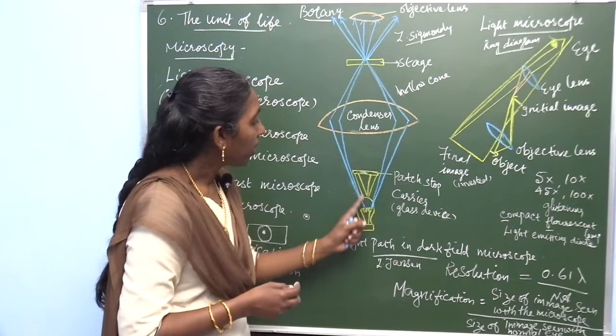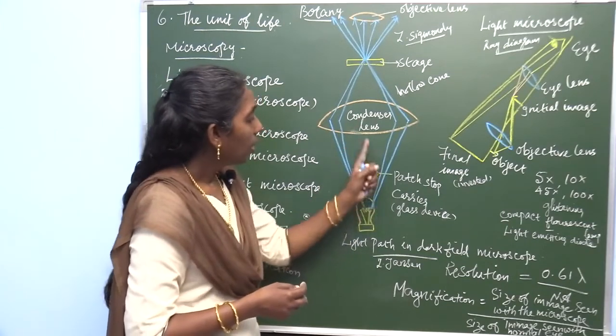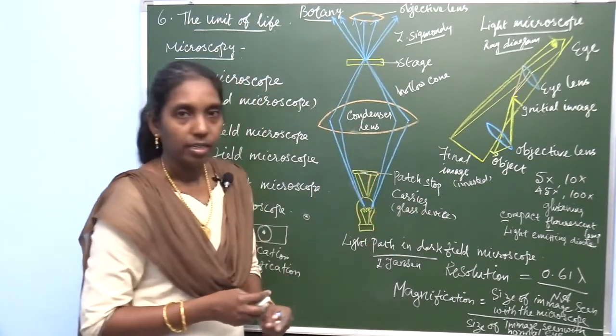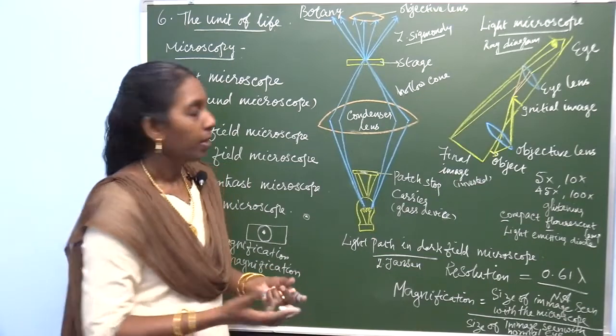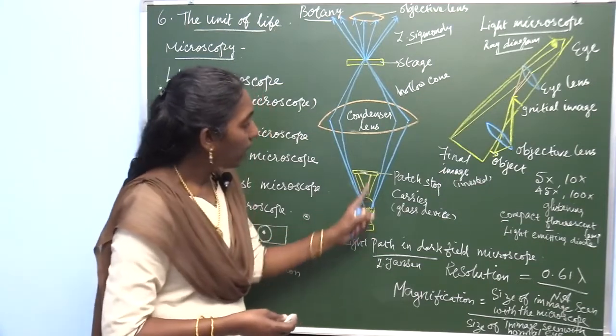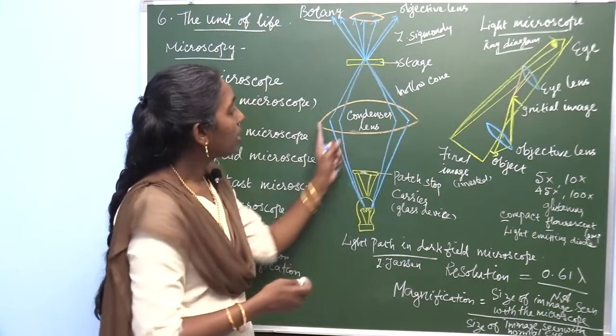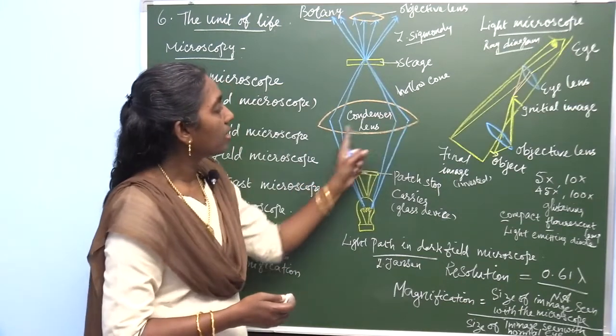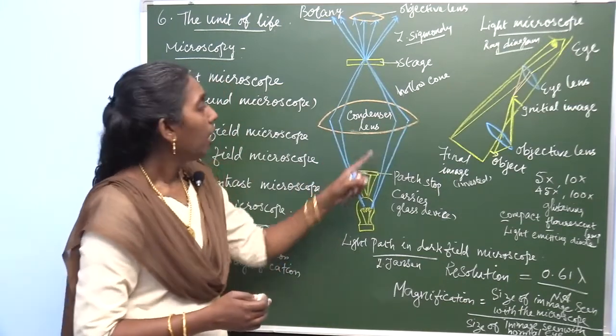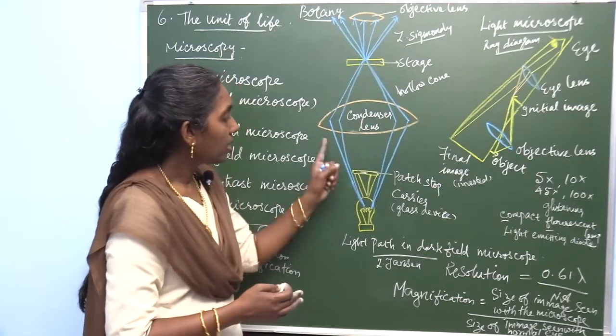The source of light enters through this patch stop carrier. Through this device, when the light passes, it reaches the condenser lens.